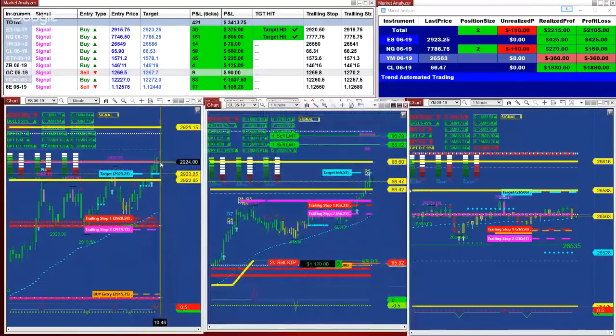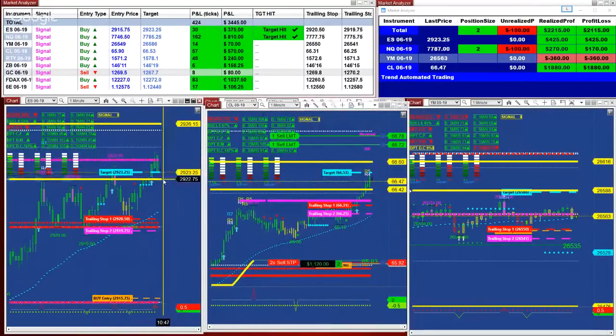You see how this market came into 29.24, and we started losing here. So I'm going to stay quiet for a few minutes, and we look forward to seeing the new signals coming out.